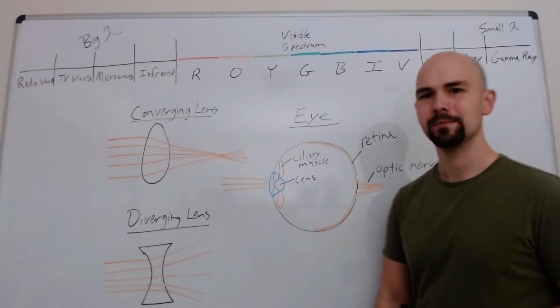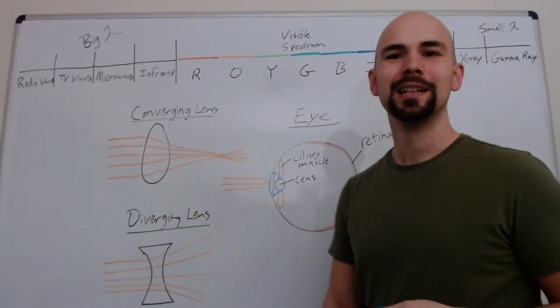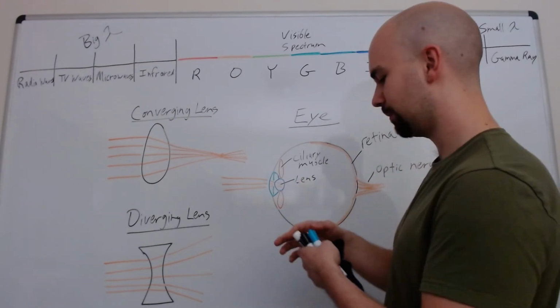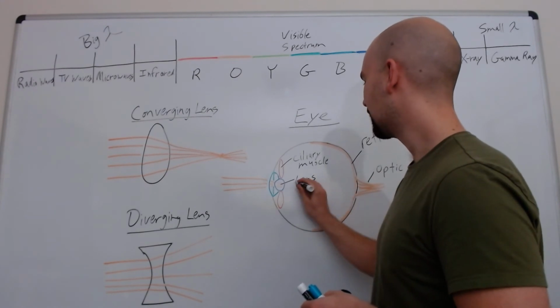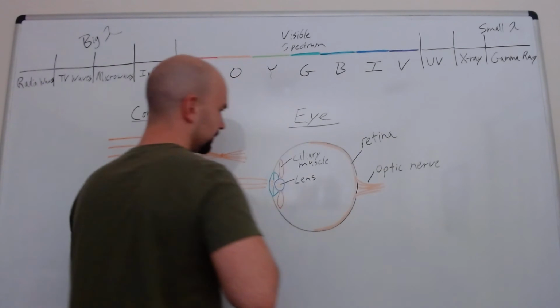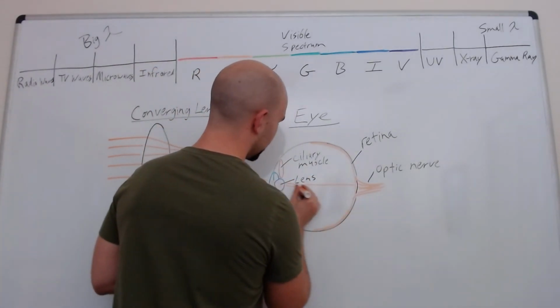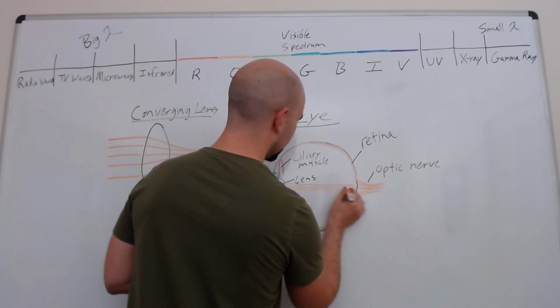Now, sometimes you might be nearsighted or farsighted, which means that your eye has trouble actually refracting the light properly to where the focal point is back at your retina. I'll give you an illustration. Let's say that the light is coming through your lens, and it's not focusing quite enough.